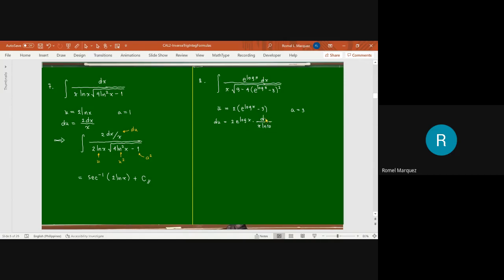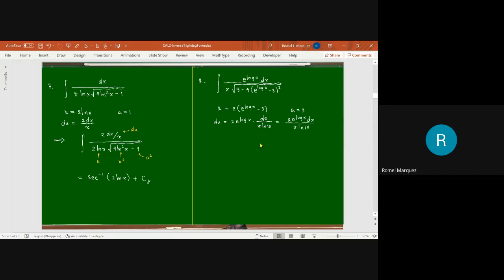Then multiplied by dx. Okay, guys? This is equal to 2 e to the log of x dx over x ln 10. Yan, x ln 10.